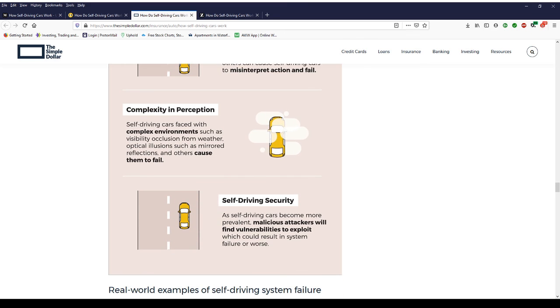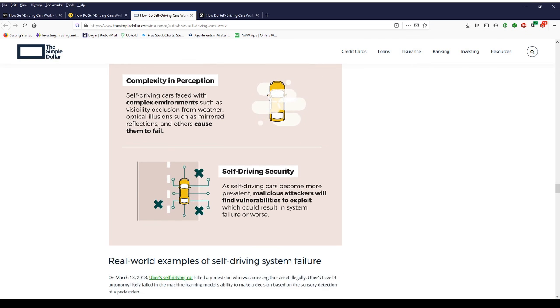Perception is one of the most difficult parts, since weather conditions can affect the perception, such as snow, fog, and many other things that are becoming very, very difficult in the self-driving car industry. Another one is security.